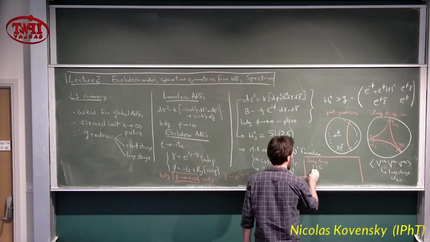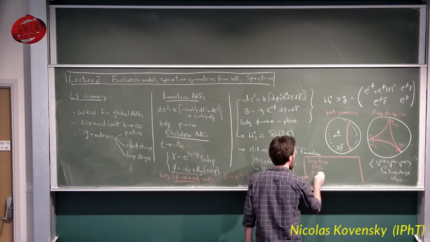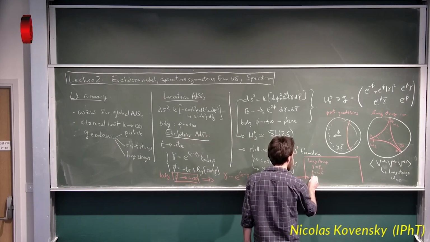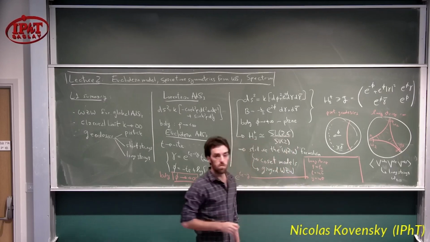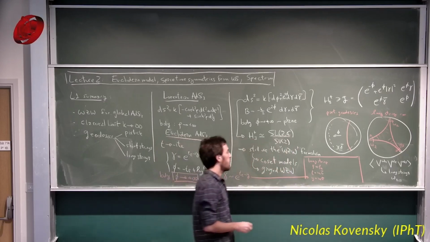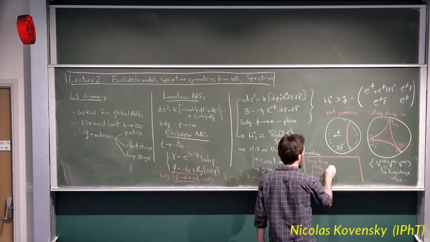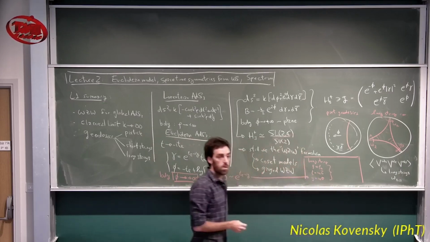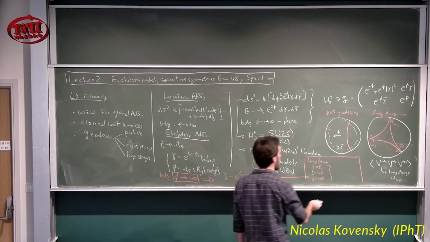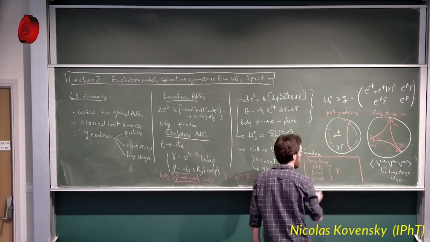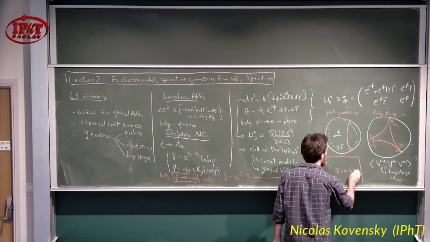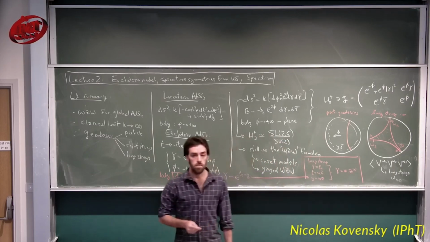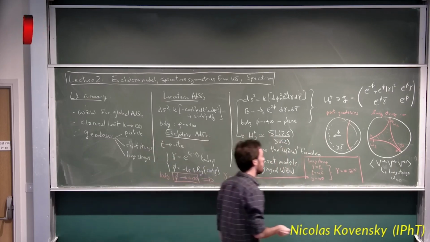The configuration was something like T being omega tau and Y being omega sigma, right? It was a very simple configuration, and this translates in this language into gamma being some constant times omega z, where z is the worldsheet coordinate.